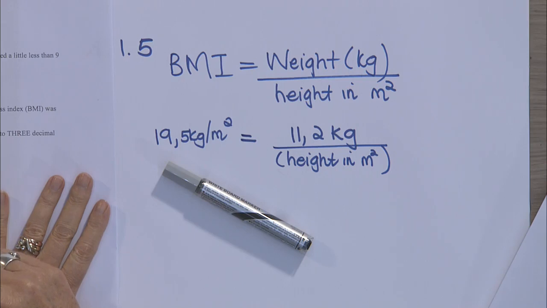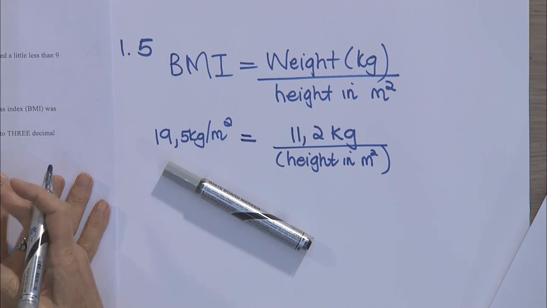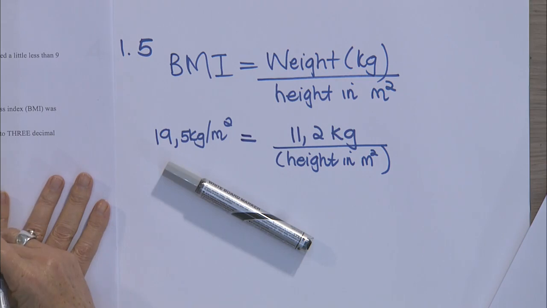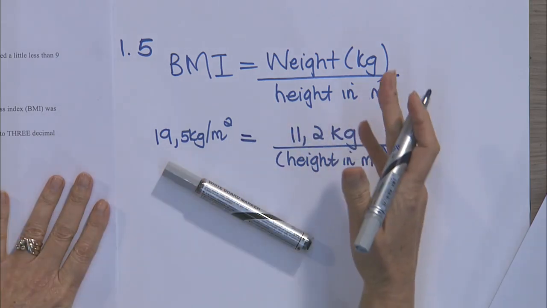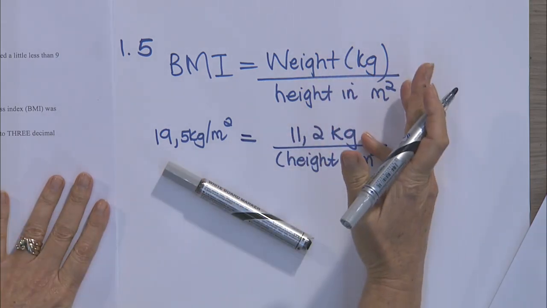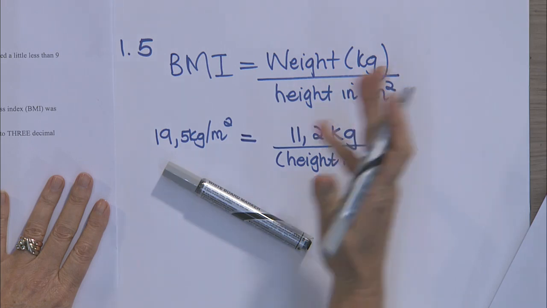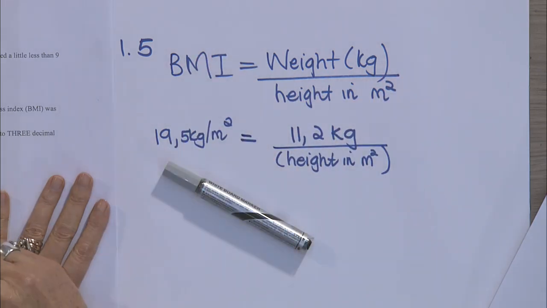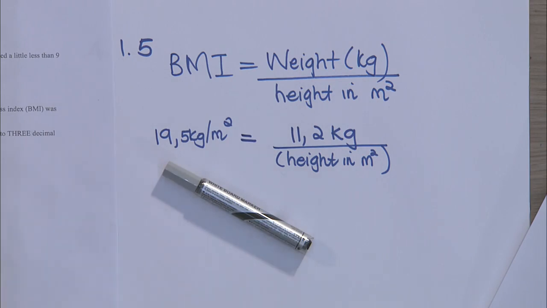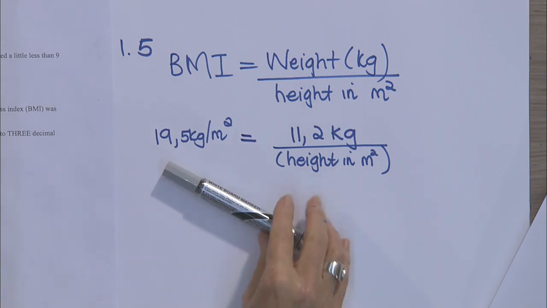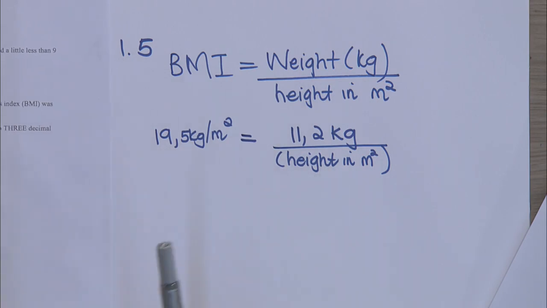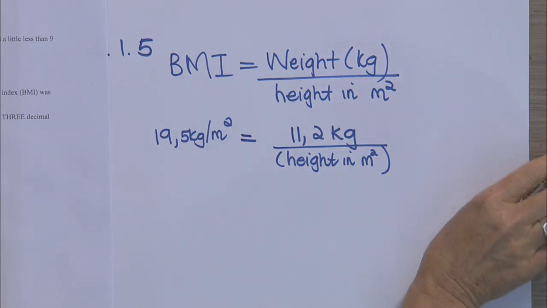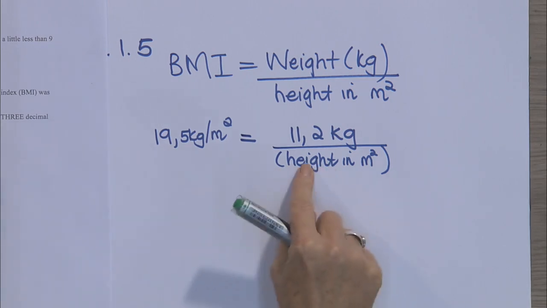Substitute into the formula what you have, what was provided, what was given. The weight in kilograms was given, the body mass index was given. So what is it that we need to do now? We need to go and work out the height of this boy. All right, so we need to solve that.